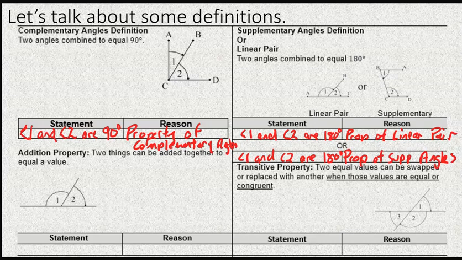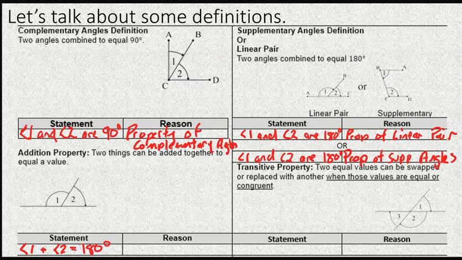Let's take a look at how we use the addition property to progress our proof. So, I could go from knowing that I have supplementary angles or stating that I have a linear pair to saying that I could add them together to equal 180 degrees. I understand if you're looking at this it appears to be like splitting hairs.